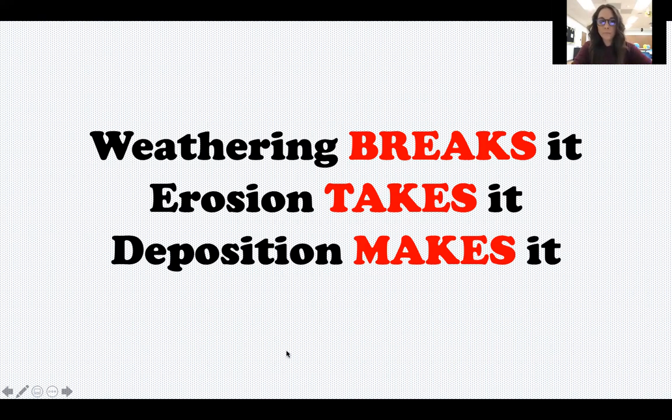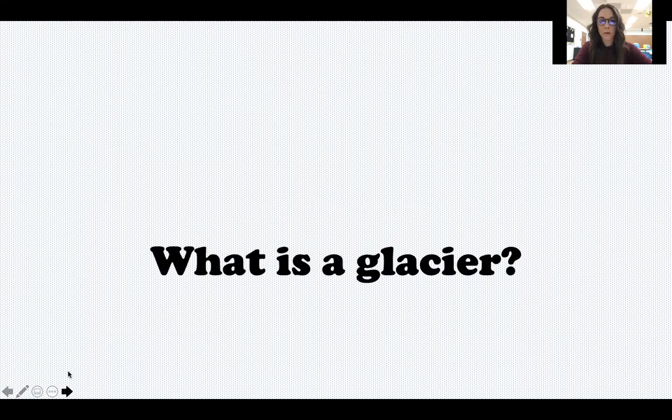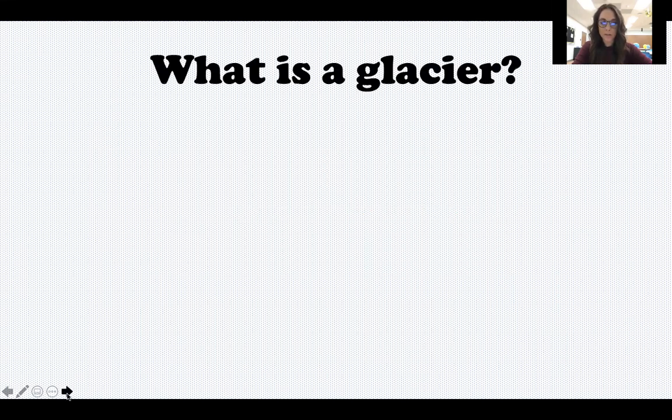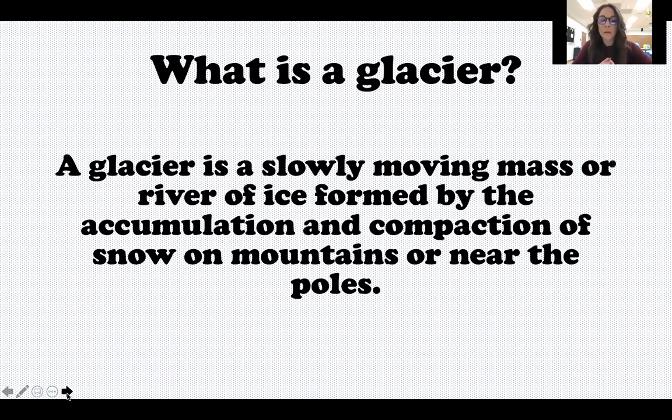So let's talk about what is a glacier. A glacier is a slowly moving mass or river of ice formed by the accumulation and compaction of snow on mountains or near the poles. So in places where it is very, very cold all of the time or most of the time, and it snows and snows and snows, the snow underneath never has a chance to melt.